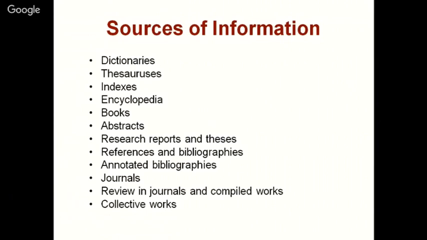So you have dictionaries, indexes, thesauri. They are what? Preliminary sources. Then primary sources are reports, theses, and journals. They are primary sources of information. For secondary sources, a book contains a chapter on the research carried out in a particular area. That becomes a secondary source of information. A journal article which gives you a review of related literature becomes a secondary source of information.